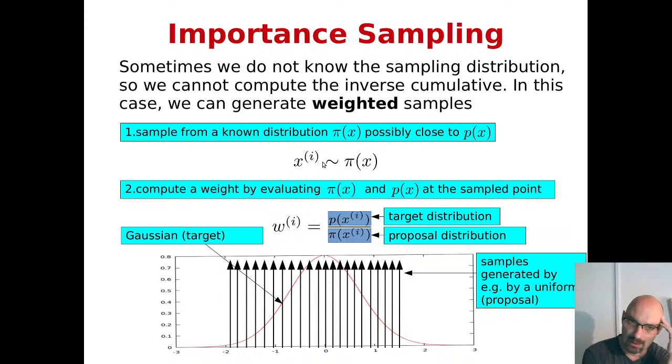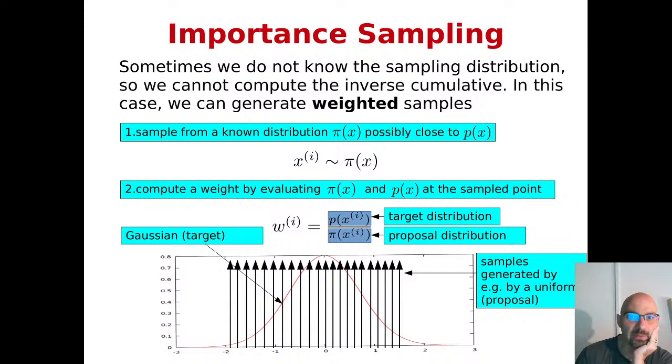Now, what happens if we have a distribution that we know, from where we can generate samples? Let's say we have a uniform distribution. There are pieces of program that, relying on the uniform distribution, provide you samples generated according to a Gaussian, or some other distribution.